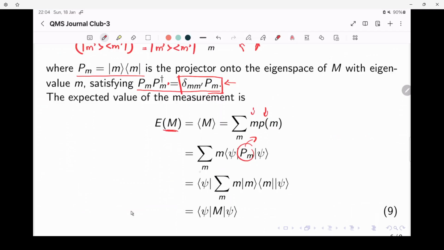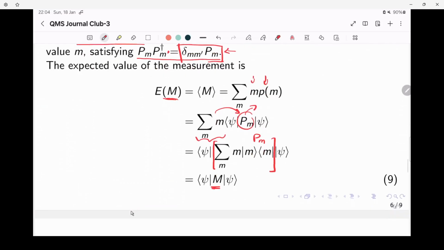And we can move the summation to be inside of this whole thing. So this is the whole summation. Initially this is Pm, and in the end, this will be just the measurement that you are trying to perform. And this measurement takes a very specific form because we are taking the projective measurement. So this is what we define as the expected value of a particular measurement, equation 9.